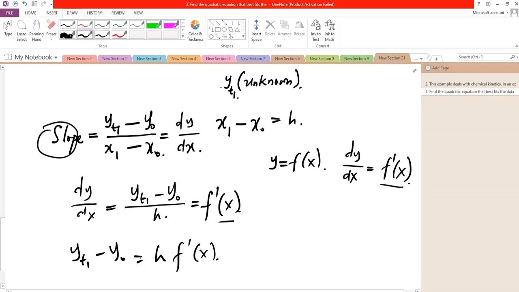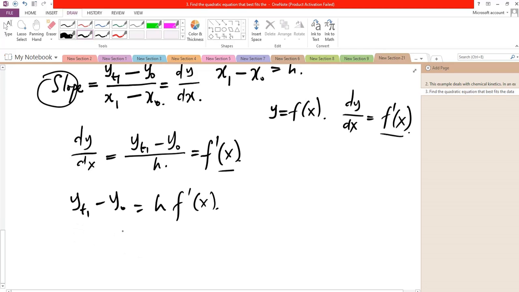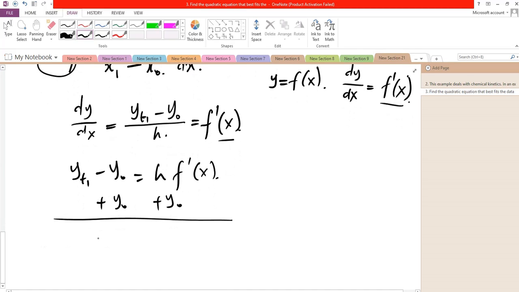Okay, so now adding plus y0 to both sides, this will cancel out. You have y t1 is equal to y0 plus h times the dy dx expression.